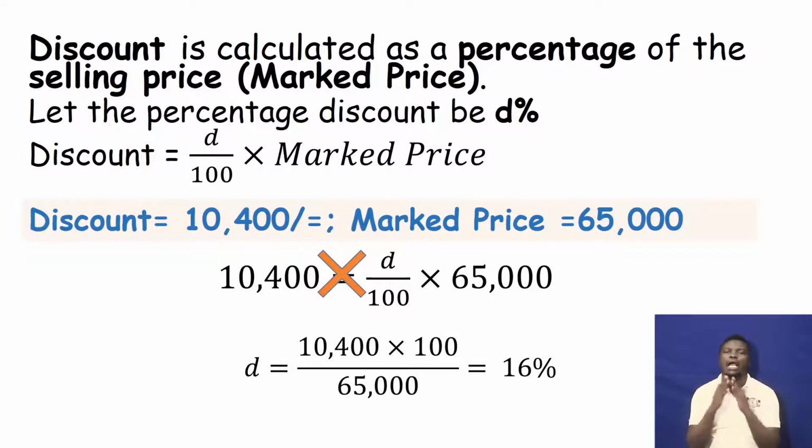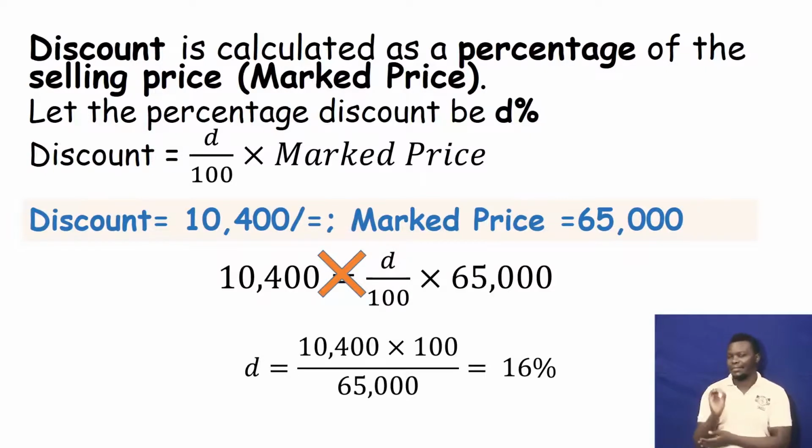So we are going to have our percentage discount equal to 10,400 multiplied by 100 divided by 65,000. And that is going to give us a discount of 16%. So our percentage discount in this question is 16%.